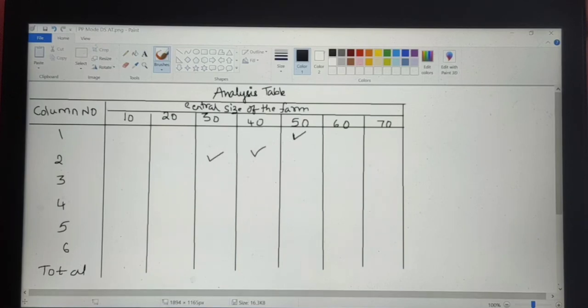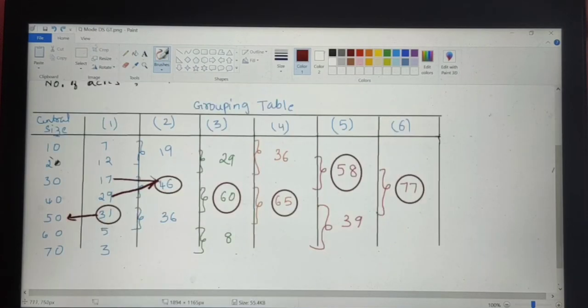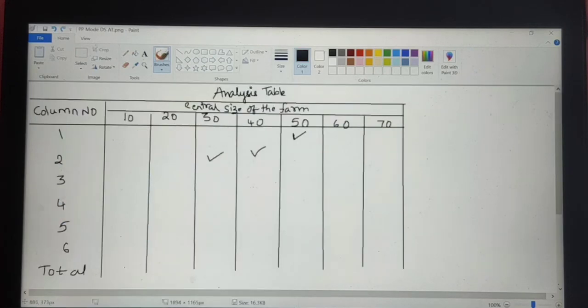Now when you go back to the grouping table, look at the next highest value in third column, 60. You got 60 by adding 29 and 31. The corresponding values to these are 40 and 50. So now let me put a tick mark in 40 and 50.